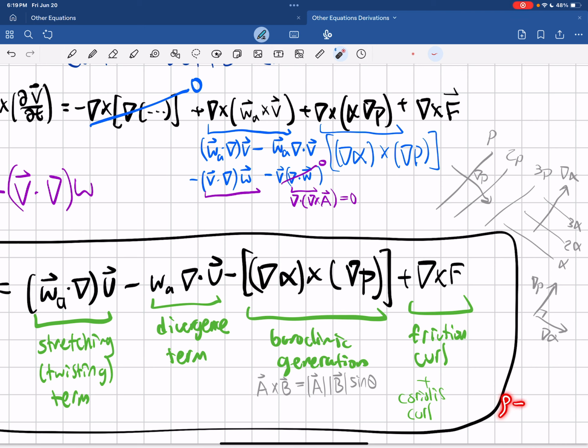So rho is equal to P over RT. And so alpha is RT over P. So they're related. The gradient of alpha is proportional to the gradient of temperature. So that's why we're saying it's baroclinic, because this would only happen if this term is non-zero. If it's barotropic, then this term is 0. So that's how that works.